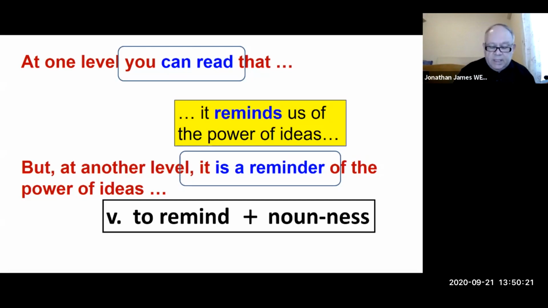Instead, what he says is, it is a reminder. He takes the verb remind, and he gives it the quality of nounness. He turns it into a thing. He turns it into something concrete. He turns it into something that has substance. It is real.